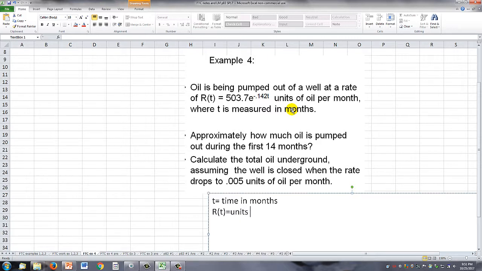It's units of oil, y units per x unit, which is months. So what that means is if I take the antiderivative of this rate, anti R of t, then that's going to give me total units of oil. So if I know the number of months, I'll know the total units of oil when I take the antiderivative.